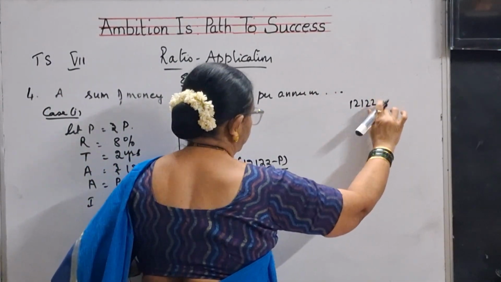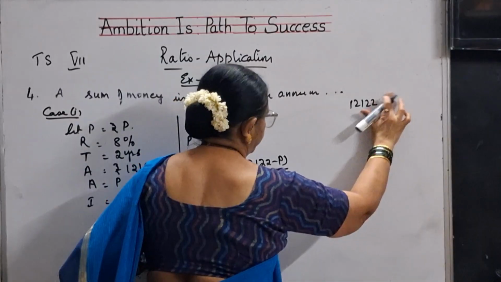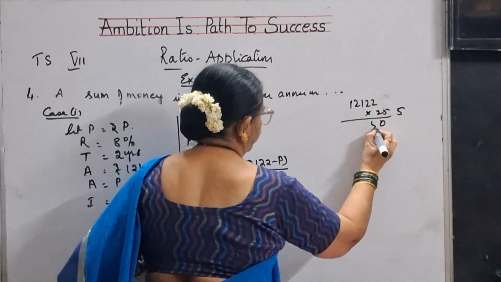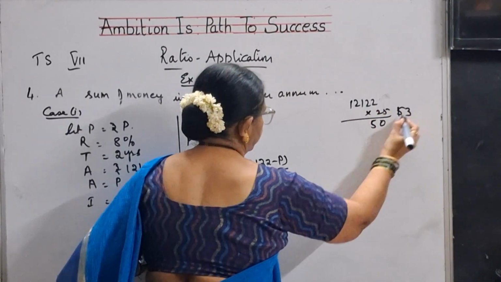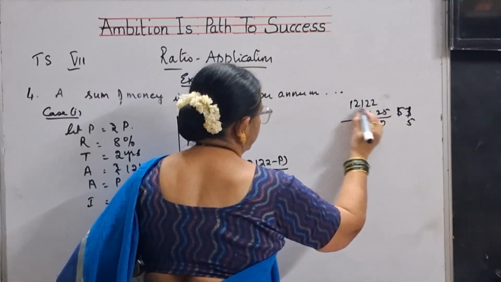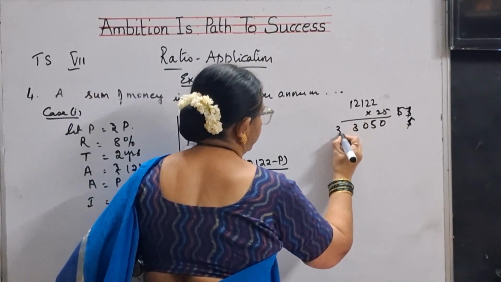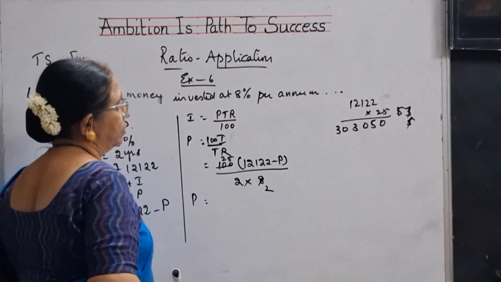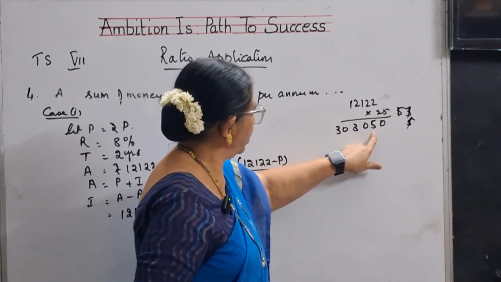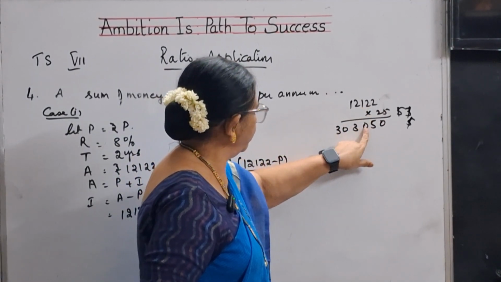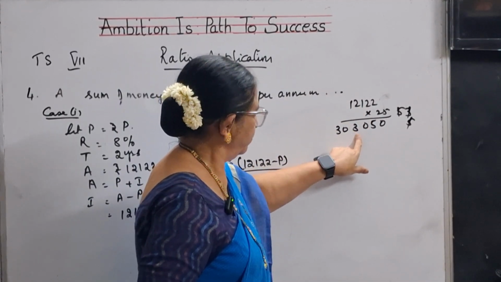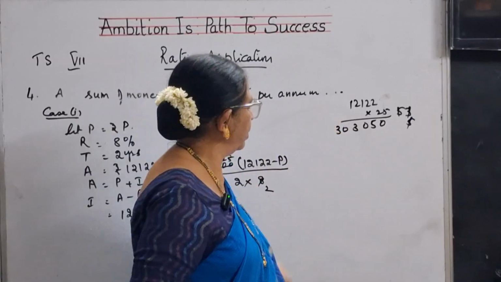12,122 into 25. 25 twos are 50, 25 ones are 25, 25 plus 5 is 30.